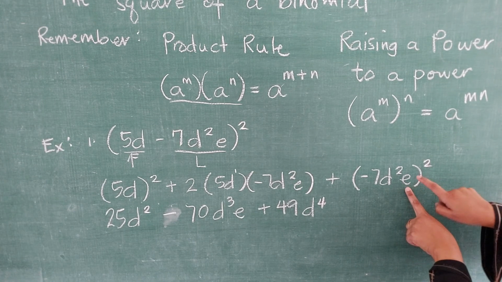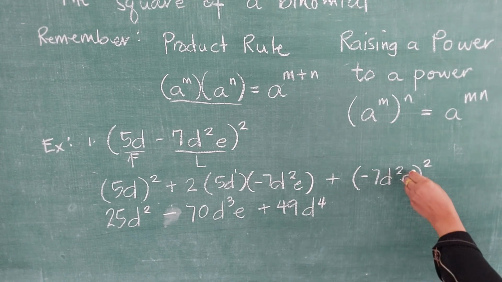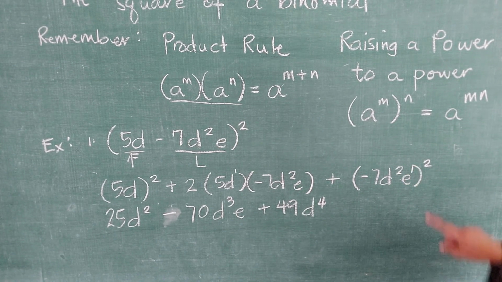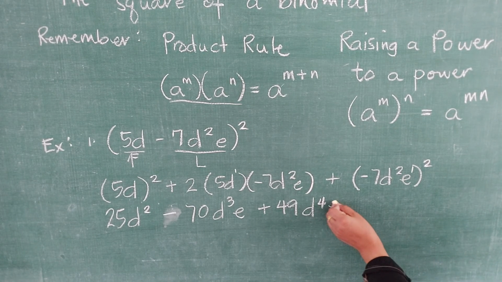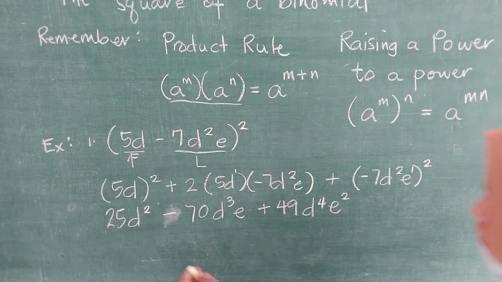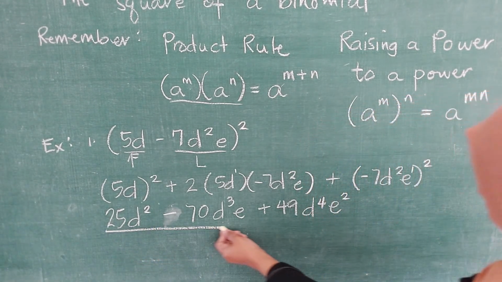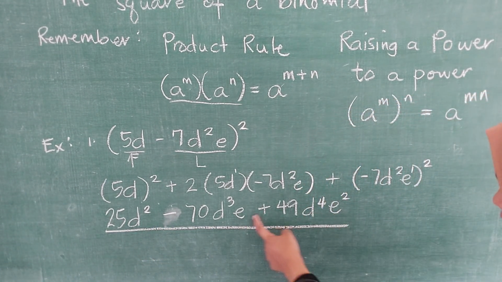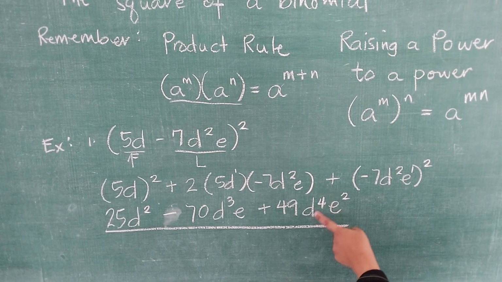Then e, pag walang exponent, understood na may 1. Okay, so multiply 1 times 2, magiging e squared. So the final answer is 25, d squared minus 7t, d cubed, e plus 49, d to the power 4, e squared.